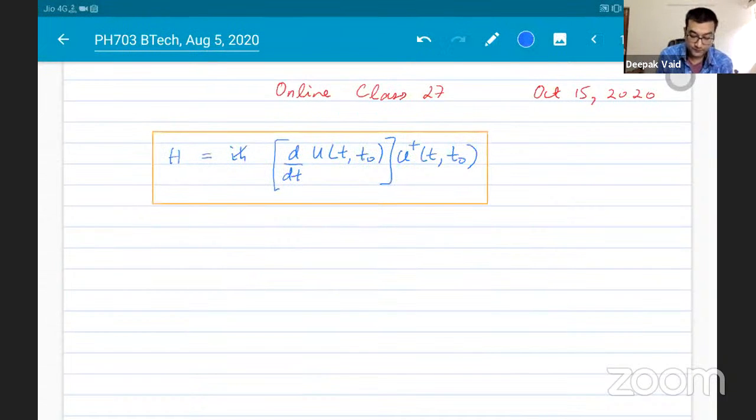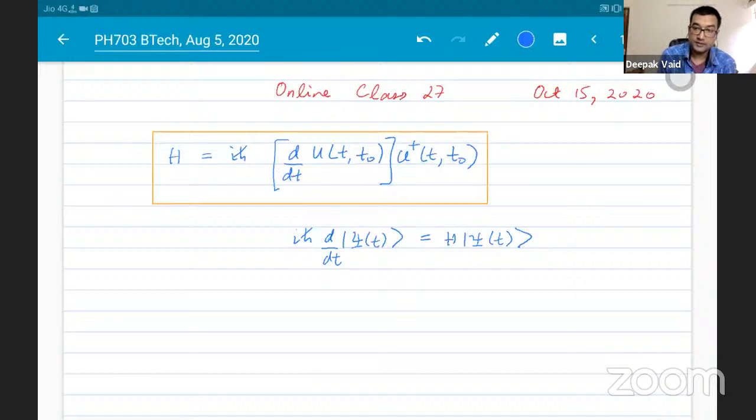This is the Hamiltonian, and the Schrodinger equation can be written as this statement, i h bar d by dt of psi equals H psi.